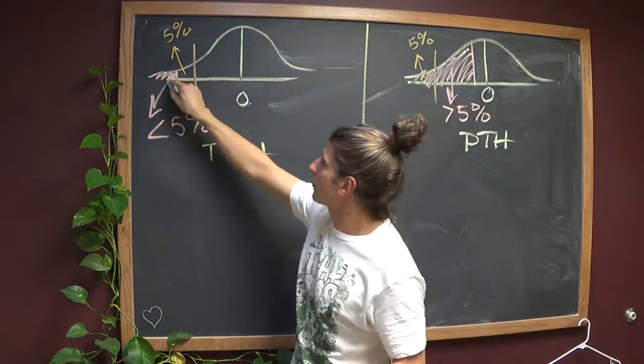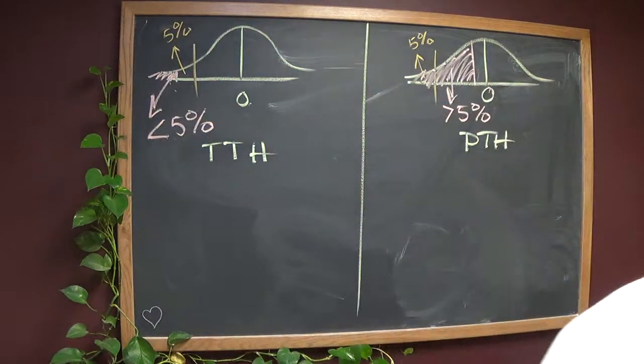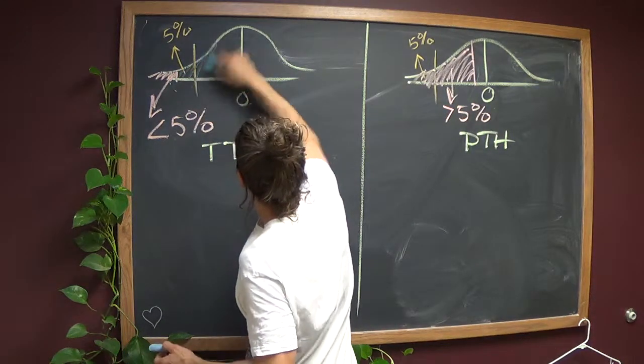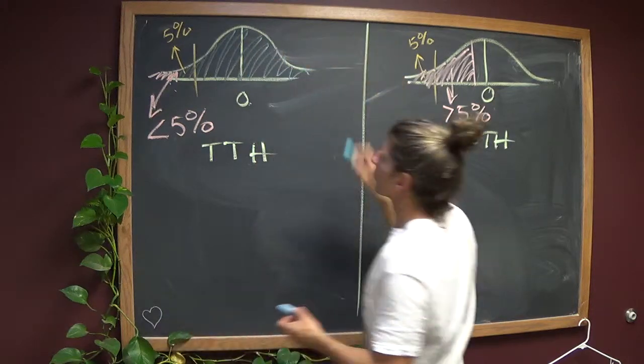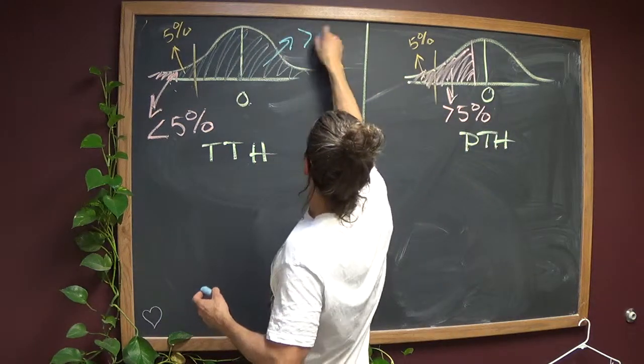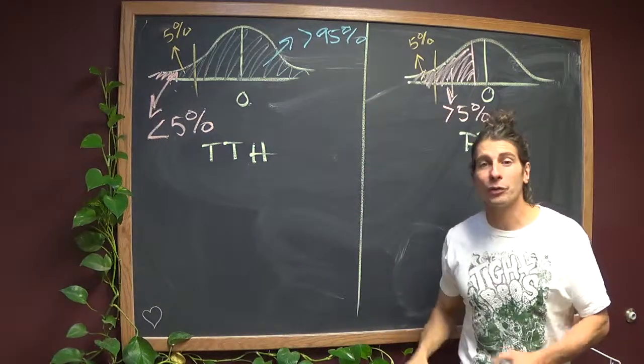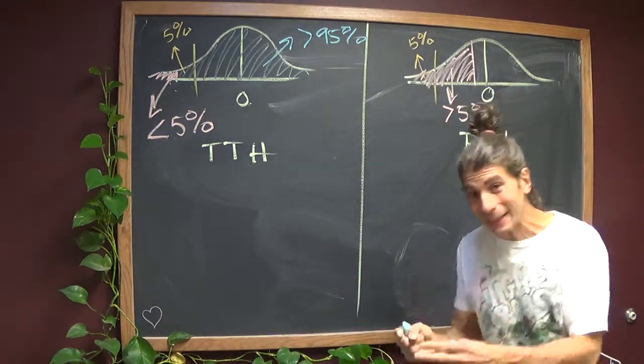So if this is less than 5%, the complement of that, let's color that in a nice color. How about let's use blue. The complement of that would be greater than 95%, which slaps you squarely back onto the null curve, okay? But we didn't get that.